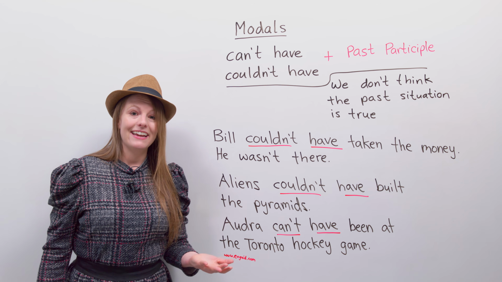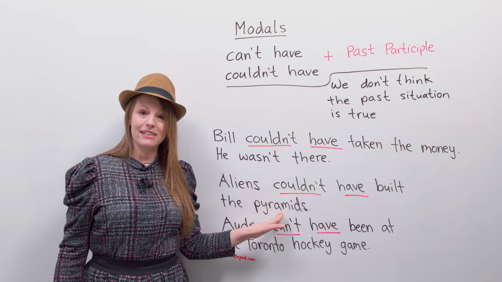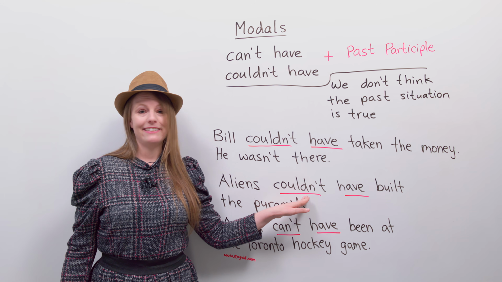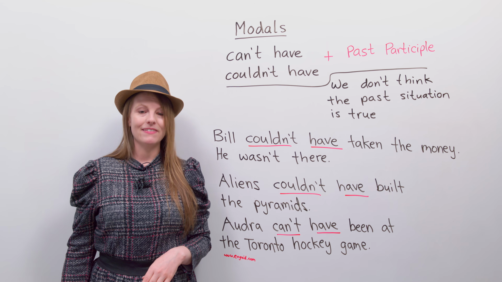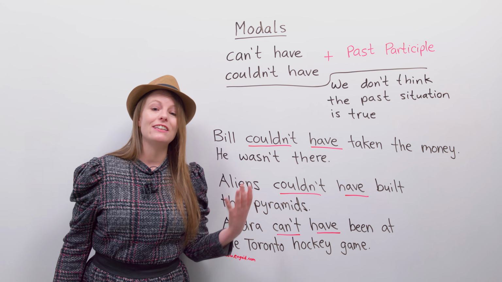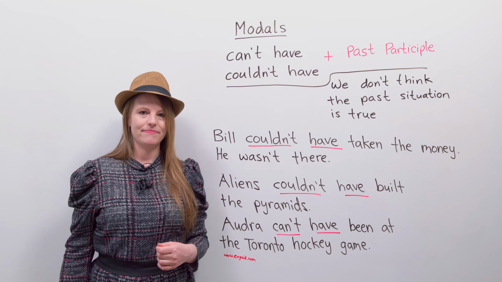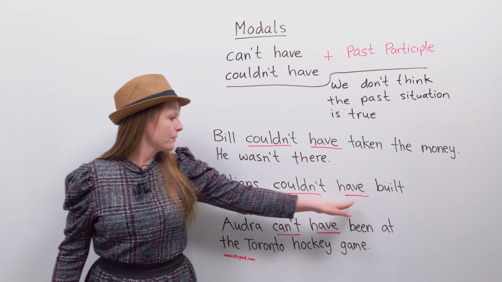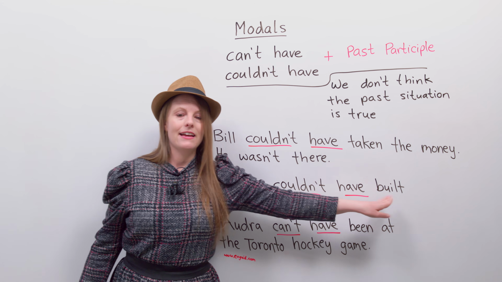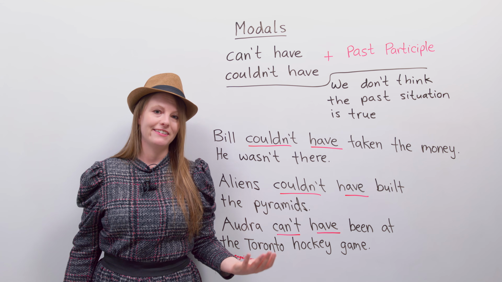So what I can say is we're talking about the past. The pyramids were built a long time ago. I can say aliens couldn't have built the pyramids. I think ancient Egyptians must have built the pyramids. And then notice we have the word here, built. So we have couldn't, have, and built. Built is the past participle of build.